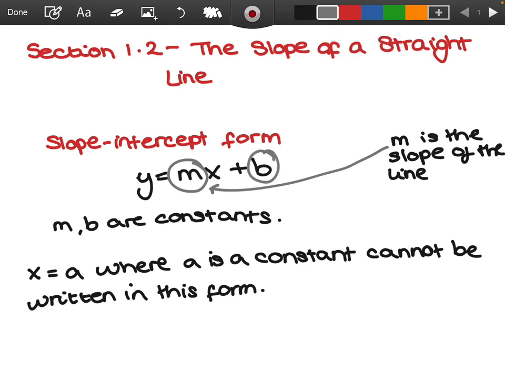This term b, that constant, is actually the y-coordinate of the y-intercept. If you go back to our previous examples in the last video, you will notice that pattern occurring.